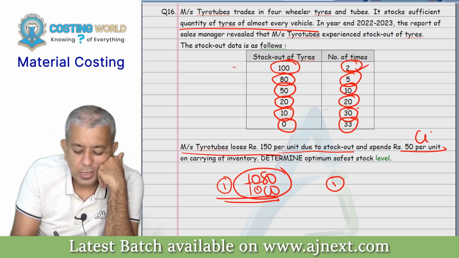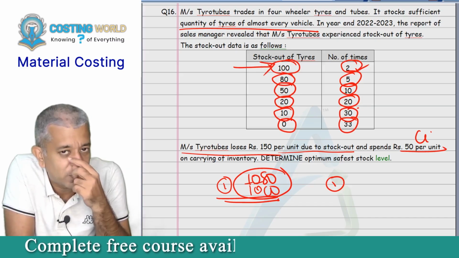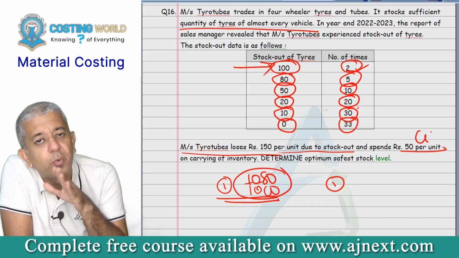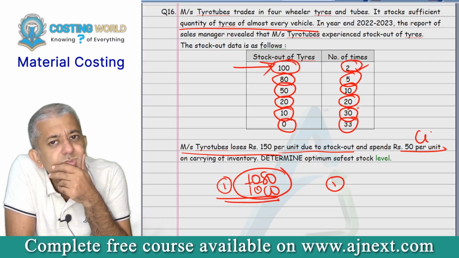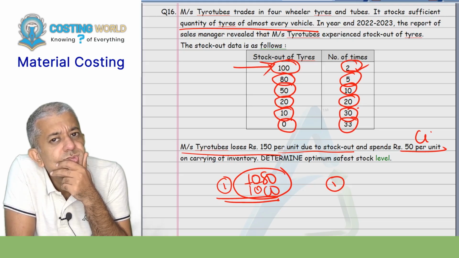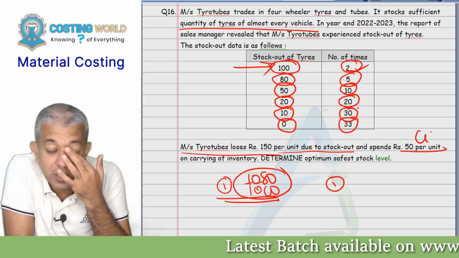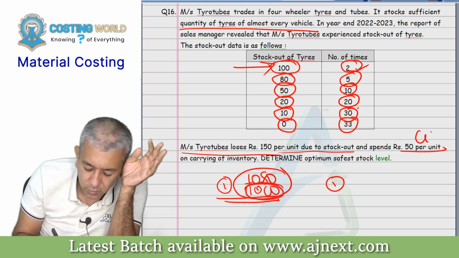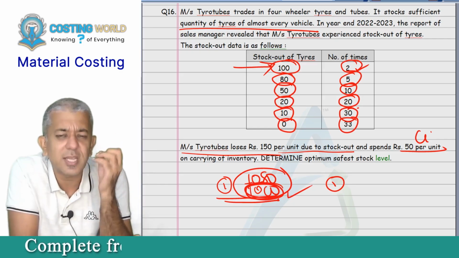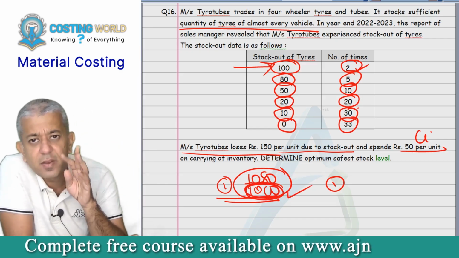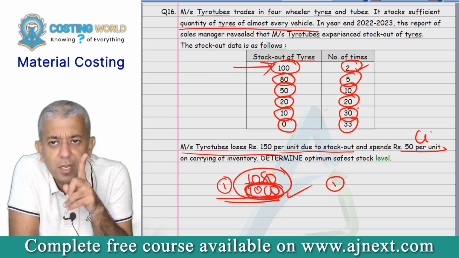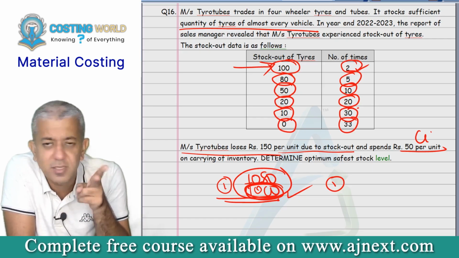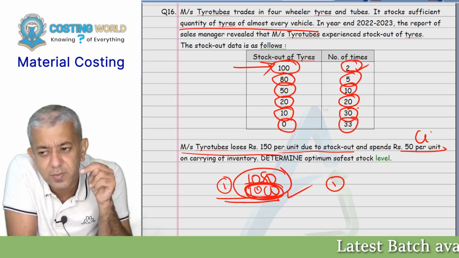If you don't want this particular stockout to happen, you should keep an extra 100 units with you at all times. Apart from the 1000 unit stock, keep 100 units extra throughout the year. If you do that, tell me one advantage and one disadvantage. I've already discussed it, but you all speak once.